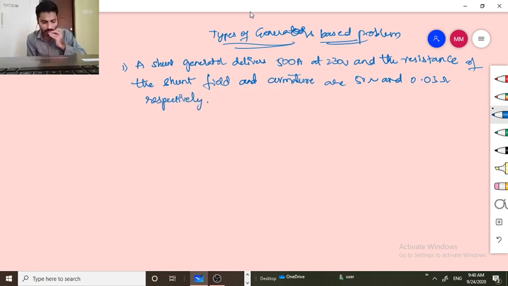You need to calculate the generated EMF.